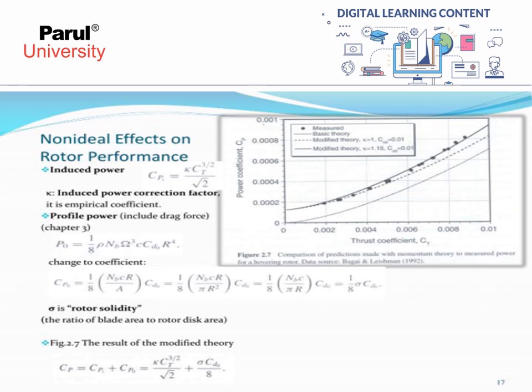Now in the figure you can also see the power coefficient Cp and the thrust coefficient Ct, and for different values of Ct, K and Cd naught you get different graphs. The comparison of the prediction made with momentum theory to measured power for a hovering rotor is shown in the figure. You can see. Right? Now we can go for the next.